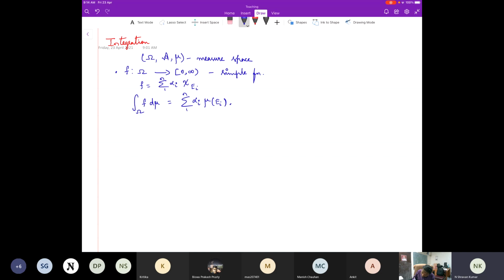And then the second stage we looked at f from Omega to [0, infinity]. This is just a Borel measurable function.